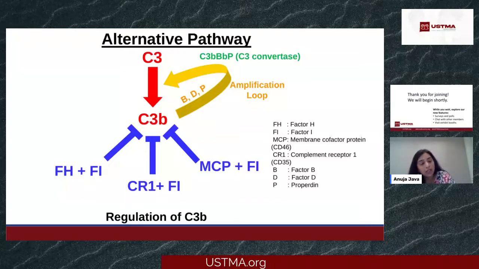And therefore, nature has provided our body with certain regulators to keep this particular pathway in check. And these are called regulators of complement activation. And these include certain proteins called factor H, factor I, complement receptor 1, as you can see here, membrane cofactor protein.